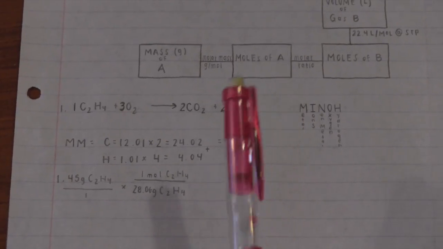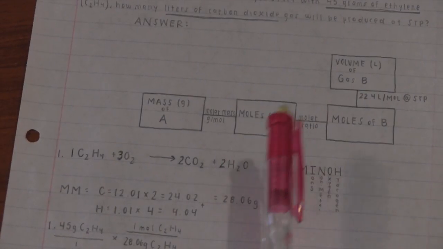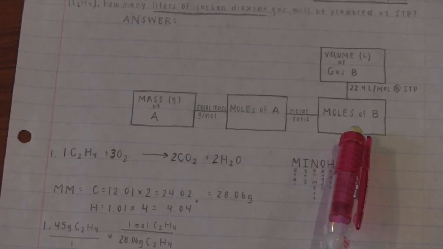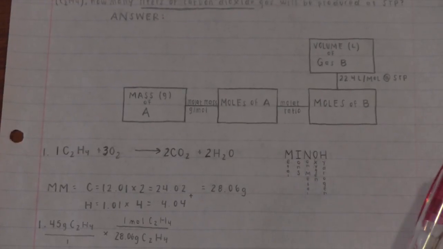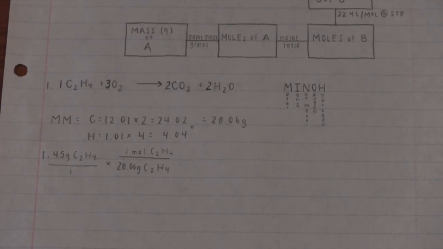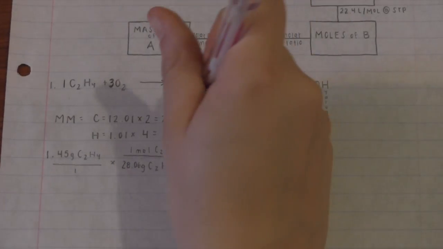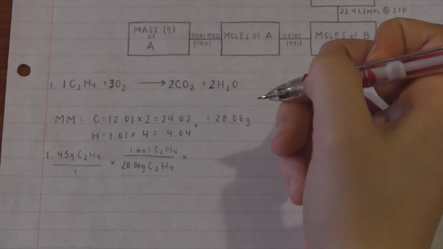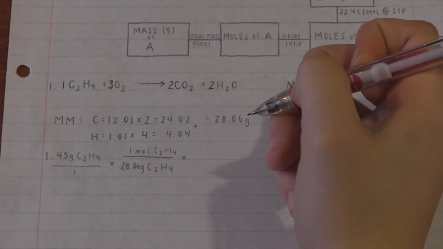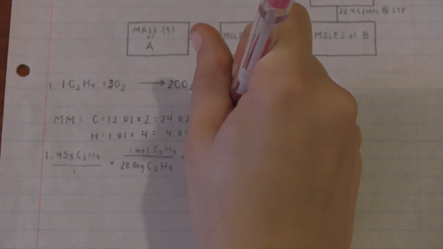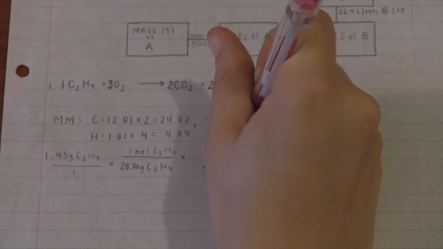Now that you have 1 mole of C2H4, you can get moles of carbon dioxide using your chemical equation. You do this using the molar ratio. As said before, what you have on the top, you must have on the bottom to cancel out. So you have to have moles of C2H4 on the bottom.